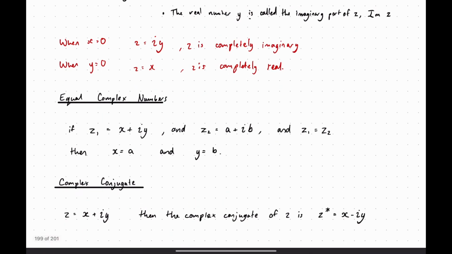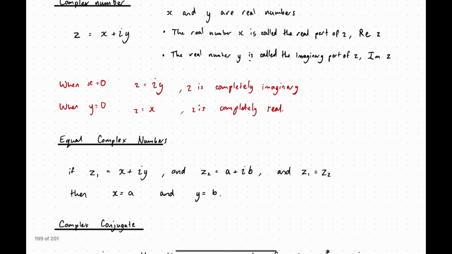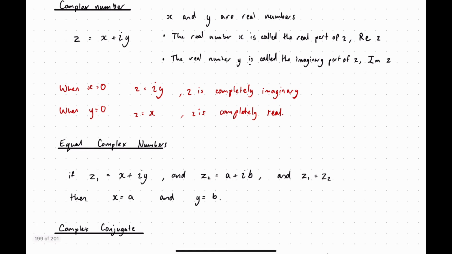If you have equal complex numbers, such as a complex number z1, which is x plus iy, and a second different one, z2, which is just a plus ib, so the same structure but with a, b instead.